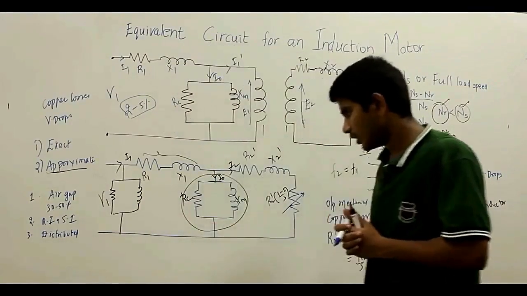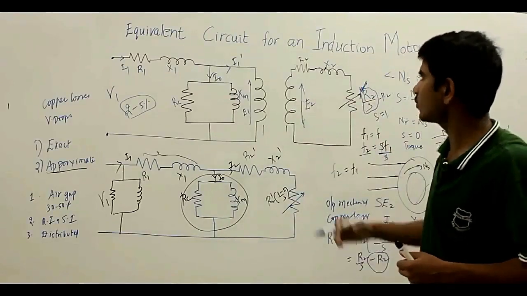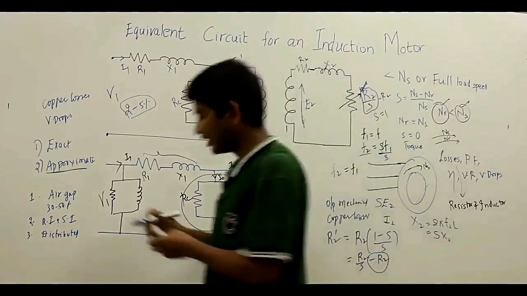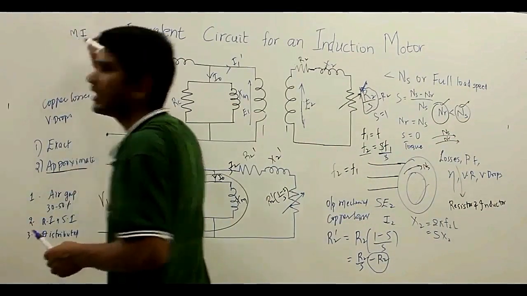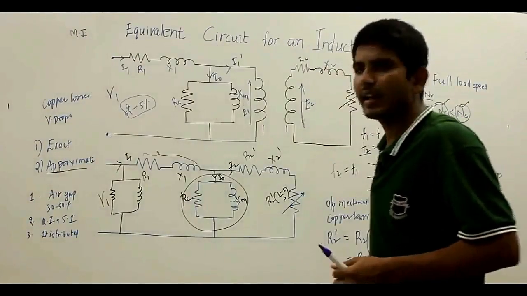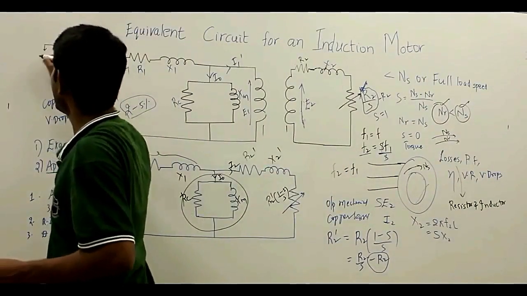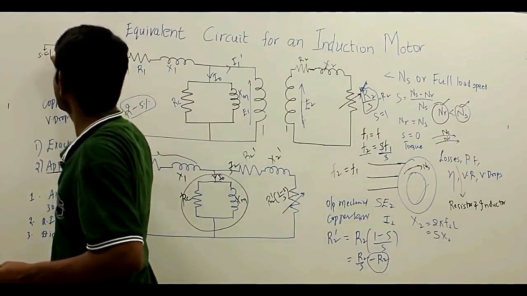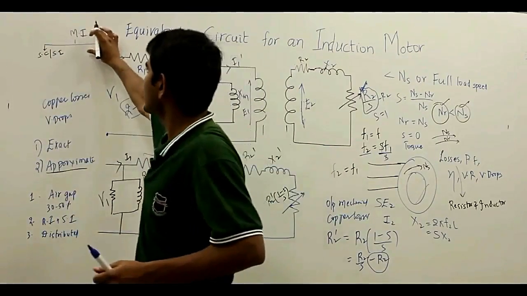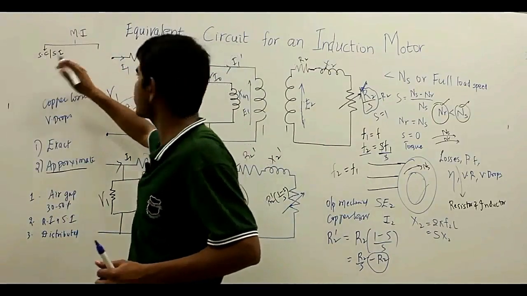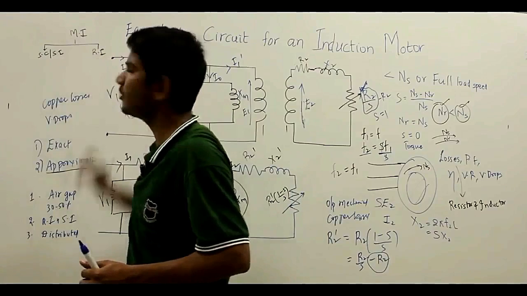Now, let me discuss the power relation by taking this equivalent circuit. Initially we have the motor input, that is a three-phase supply, and from the motor input we have the stator copper losses as well as the stator iron losses. The power remaining, after overcoming these losses, is supplied to the rotor, that is the rotor input.